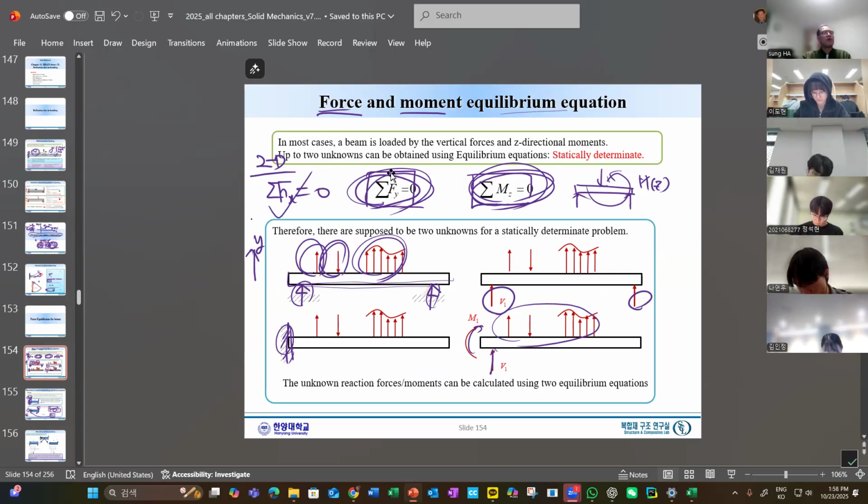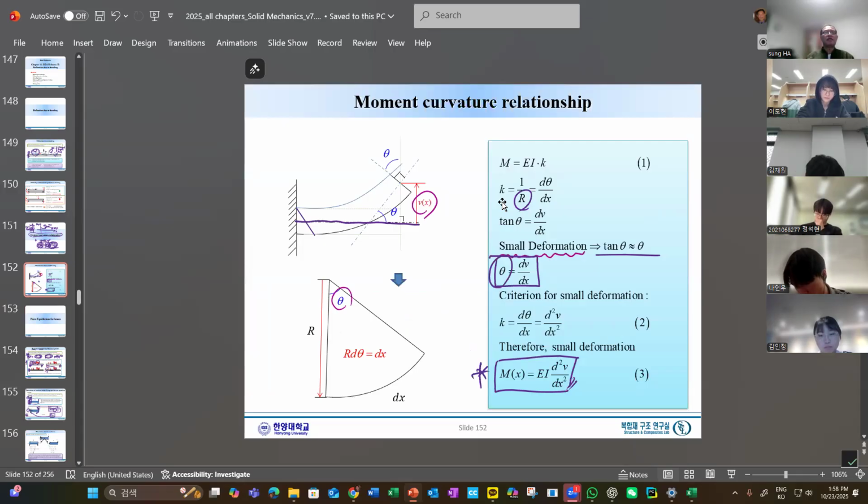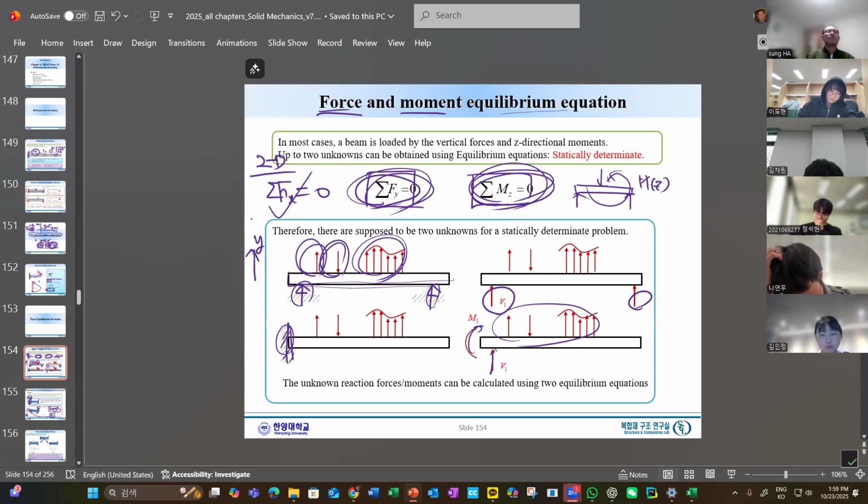No matter what forces we apply, no matter what boundary condition we have, we always have to have equilibrium. Okay, so see, this is the one we have, the relation between moment and the double derivative, and these two, force equilibrium in y and moment.